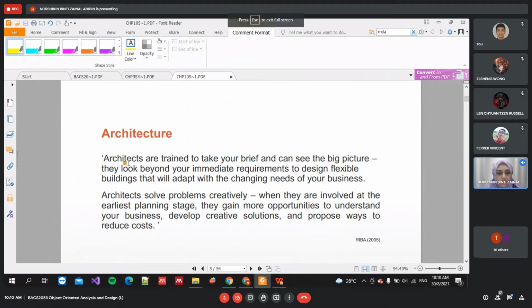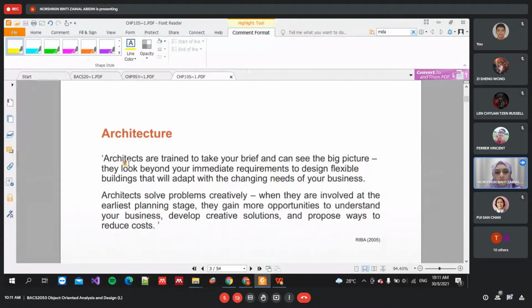In software development, or in SDLC, which we call the software development lifecycle, before we design a new system, there is one part usually done by the system architect.